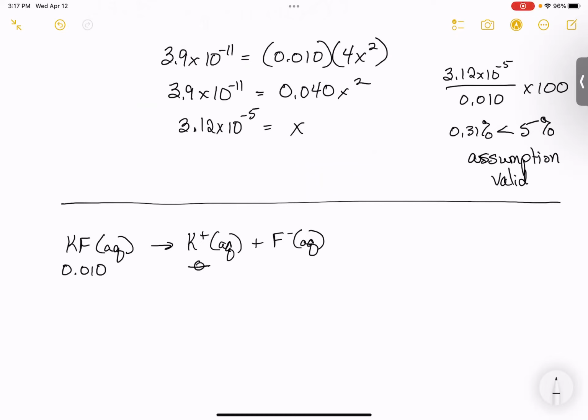You would have had none of your potassium and none of your fluoride. But because potassium fluoride is a completely soluble salt, it's going to dissociate entirely. For every 1 potassium fluoride you will get out 1 potassium, and you will get out 1 fluoride of the exact same quantity. So that when it's all said and done, there's really not any potassium fluoride. No, what there is, there's 0.010 of potassium and 0.010 of fluoride.